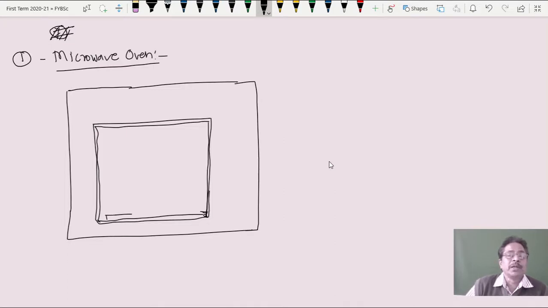Then there is a plate inside this, actually a base, over which we have to keep a certain plate. So the plate has to be kept here. Of course, this plate is a glass plate, and on this glass plate a certain food item, like a cake, is kept here. We are going to give a name to this, and there is one very important device here.